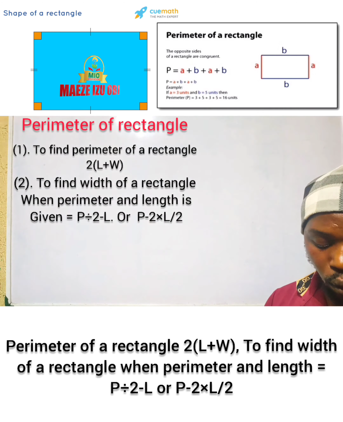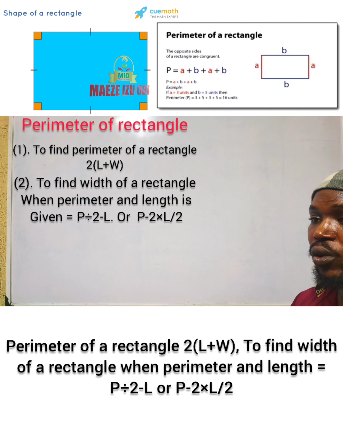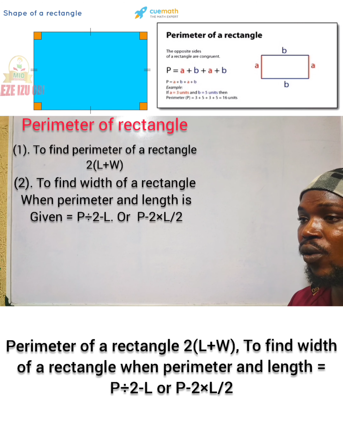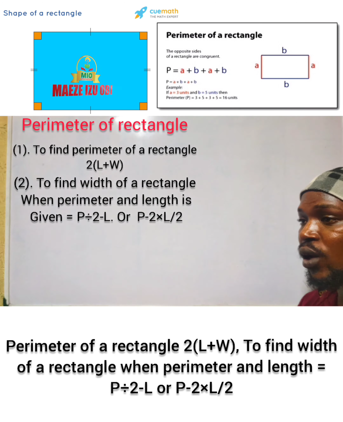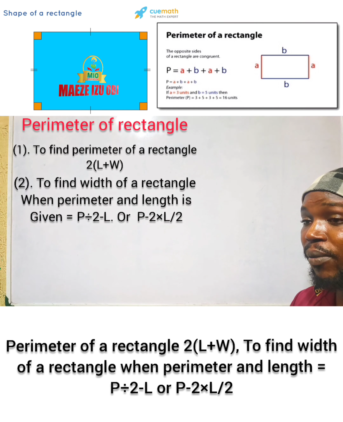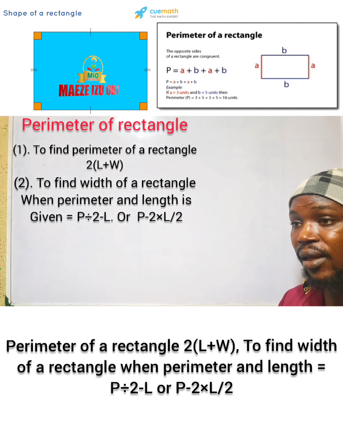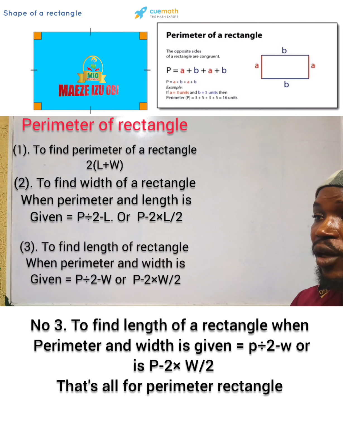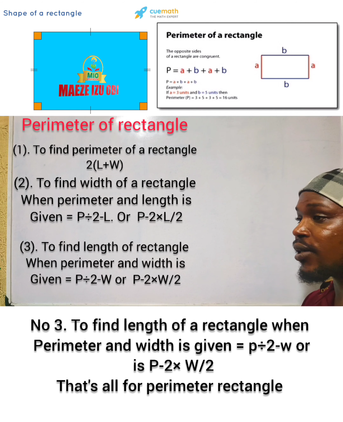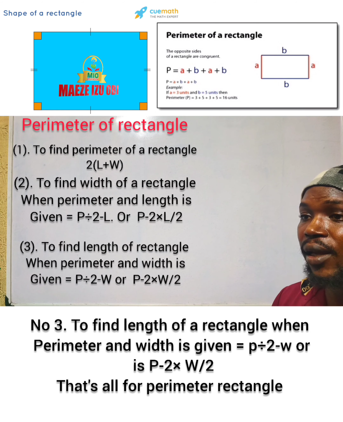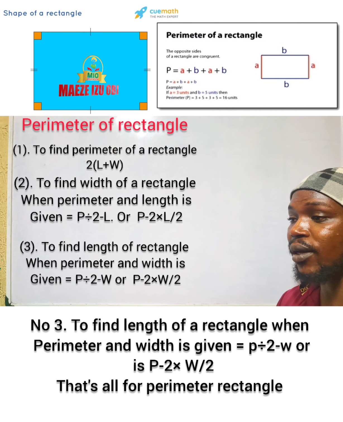Or we can equally do perimeter minus 2 times length, all over 2.